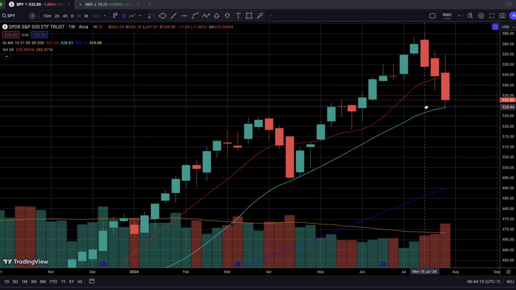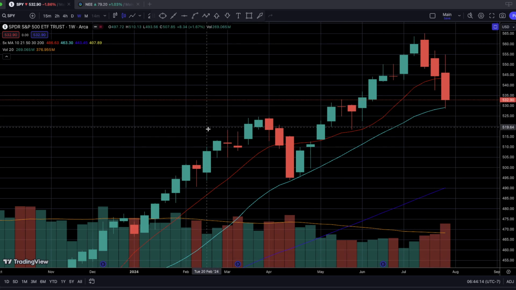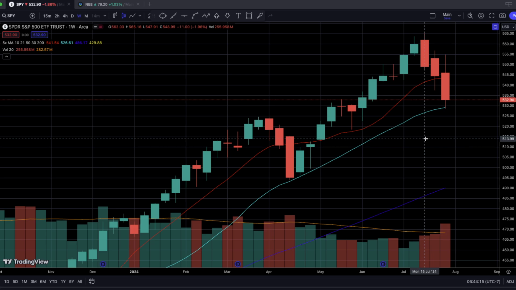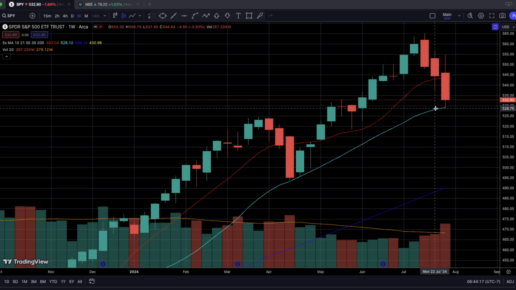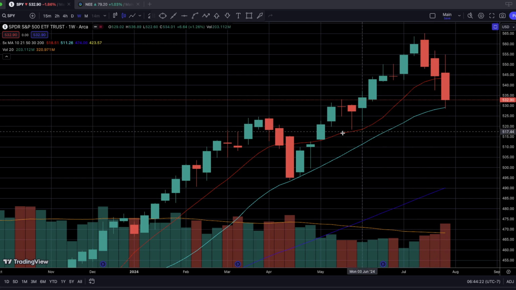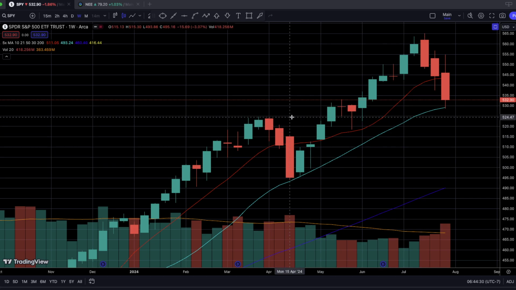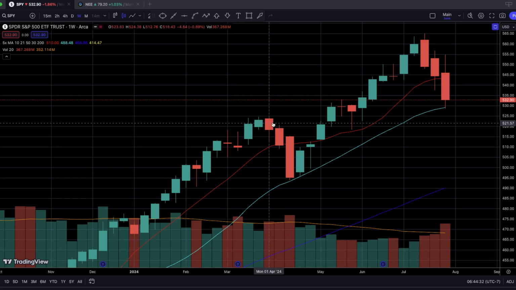You are wondering why my lines are gone here. I just want to focus simply on this 21 SMA retest, because if you go back to the previous time and area where we retested the weekly 21 SMA, that was back in April of this year.